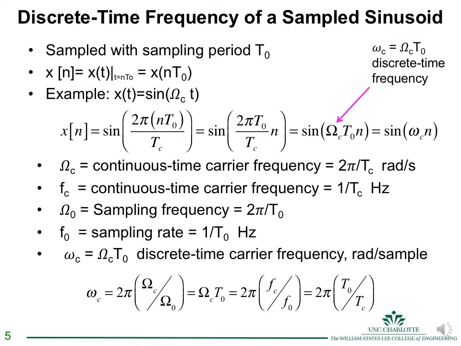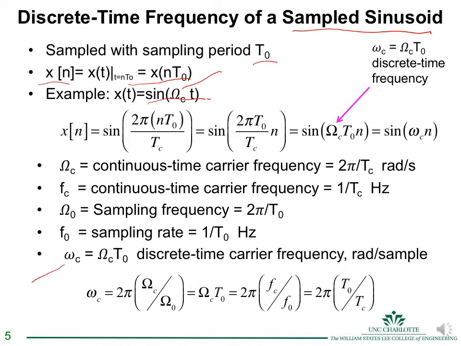And so just as a quick illustration, consider a sampled sinusoid, where the sampling period again is t0. And so our x of n is the continuous time function sampled at n times t0, replacing t. And so if we have a continuous time carrier frequency, omega c, again, we'll use the capital omega for continuous time frequencies.